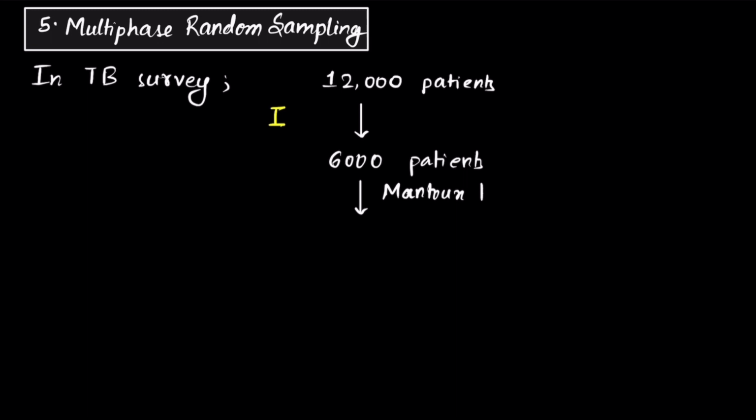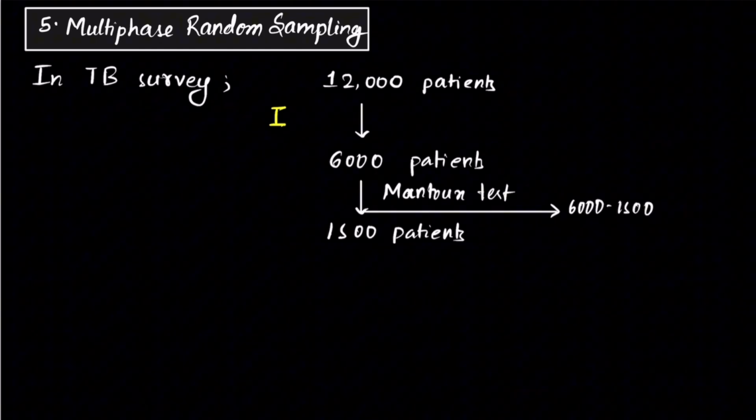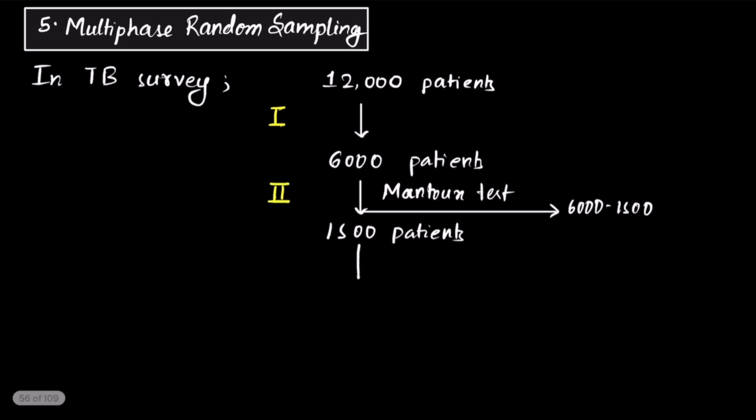Only 1,500 patients show a positive Mantoux test. The rest that show a negative Mantoux test, that is 6,000 minus 1,500, are removed from the survey. This falls under the second phase.